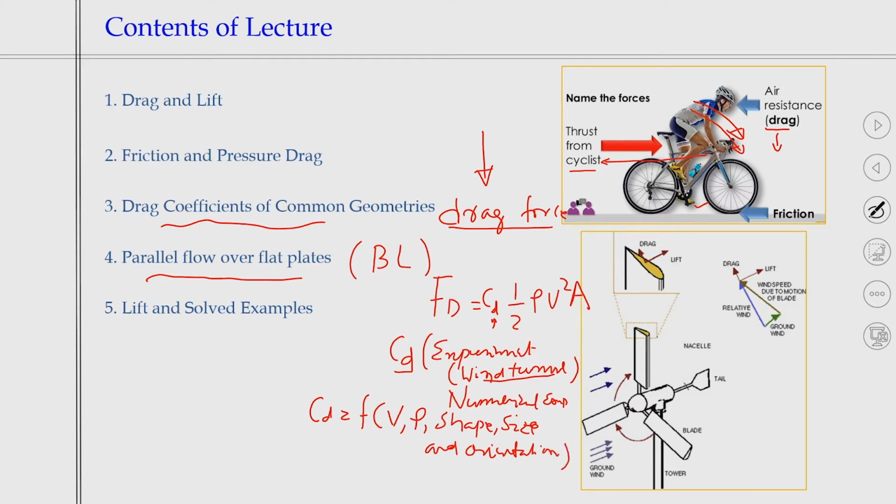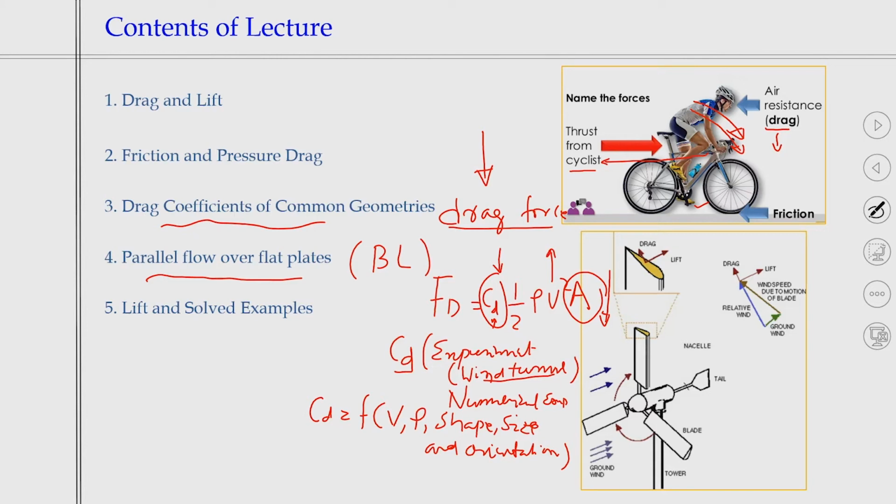So a cyclist who participates in very competitive racing like the Olympics tries to reduce this A value, or tries to reduce this CD value. Those are the two things he can reduce so that the drag force will be minimum and he can increase the velocity.